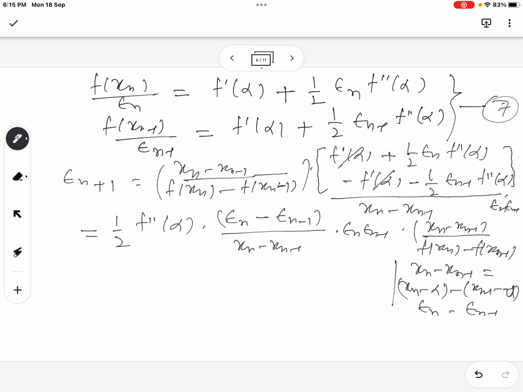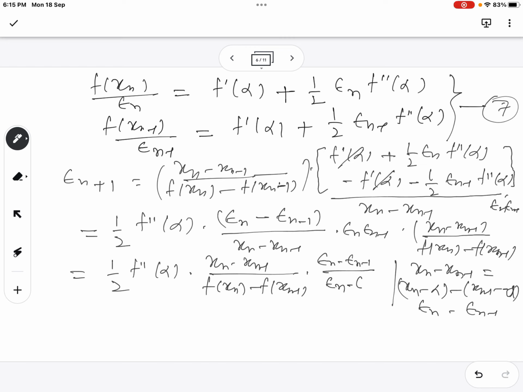So this whole thing can be written as 1 by 2 f double prime alpha into xn minus 1 by f at xn minus f at xn minus 1 into nth error minus n minus 1th error divided by nth error minus n minus 1th error into product of nth error and n minus 1th error.